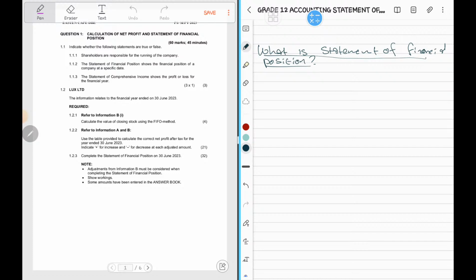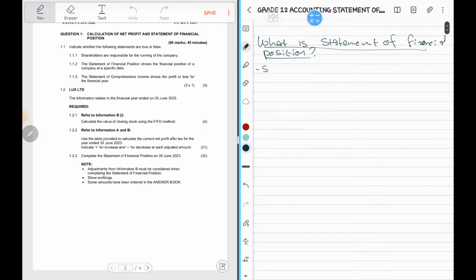In other words, the statement of financial position shows the position, not just any position, but a financial position, of a company's assets, equity, I am referring to shareholders' equity, that consists of the ordinary share capital and the retained income, and also the liabilities.